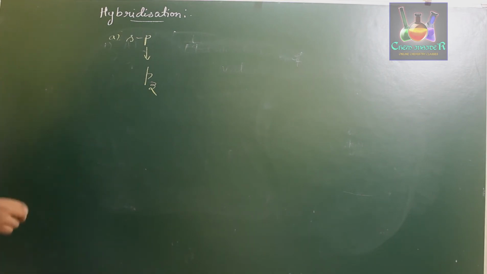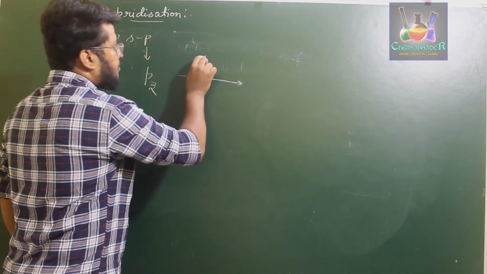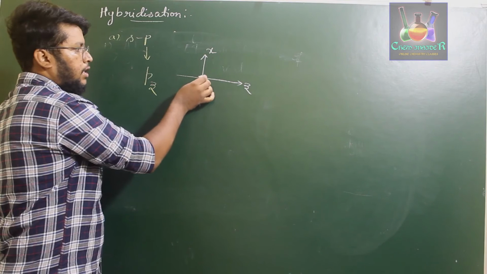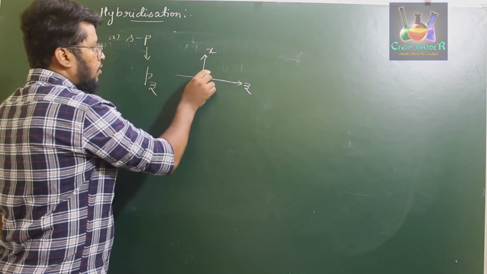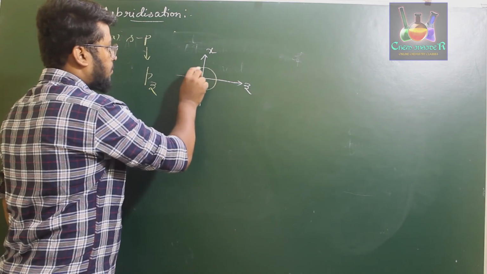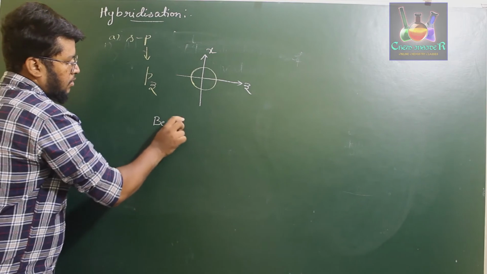Okay, so what happens in this case is, if you consider this as the coordinate axis, let us say this is the z-axis, x, and we have y towards you. So now the s orbital, which is of spherical shape, for example, we are considering here beryllium chloride.